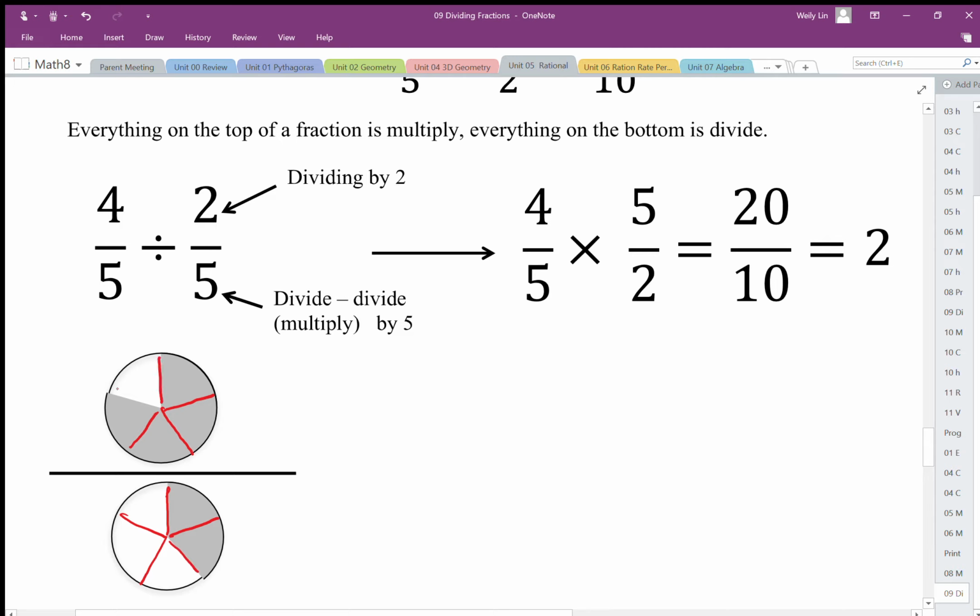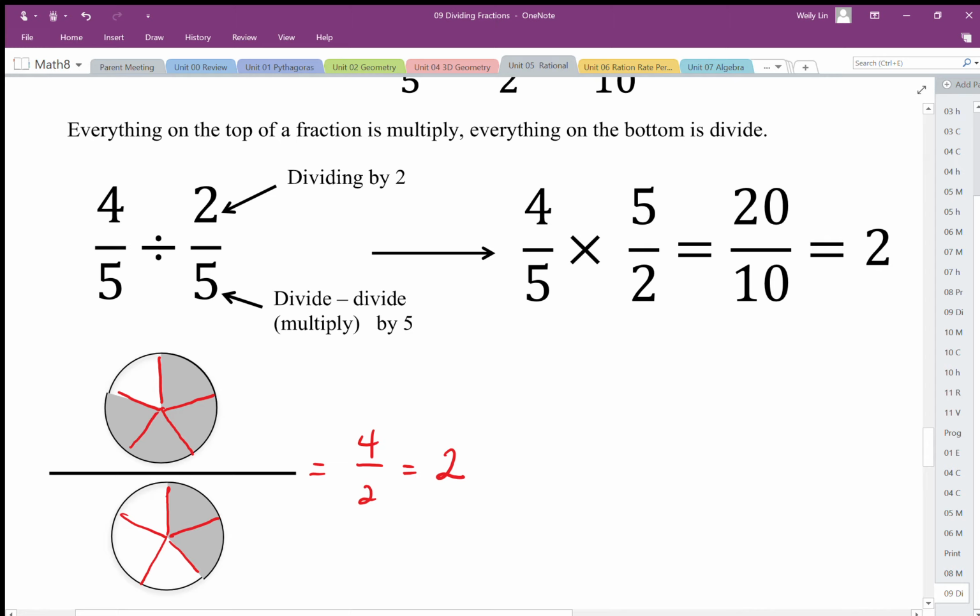And we can clearly see that this is a 4 pieces to 2 pieces ratio. So we know that this must be a 4 to 2 ratio, and the answer must be 2. Okay, the picture doesn't lie. We know the correct answer must be 2.